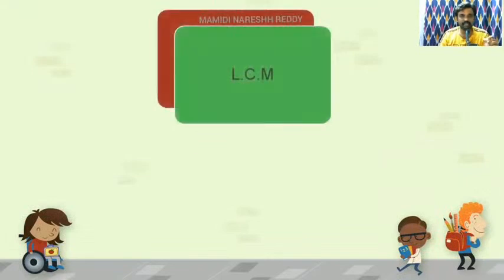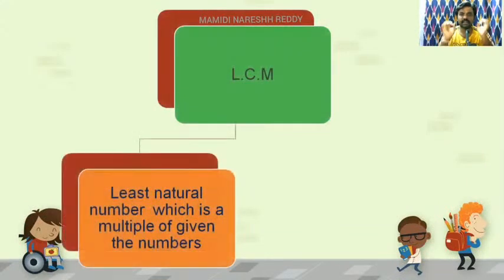LCM is the least natural number which is a multiple of given numbers. For example, in a particular problem, if you want to find the LCM of two or more numbers, that LCM would be the very least common multiple of the given numbers.